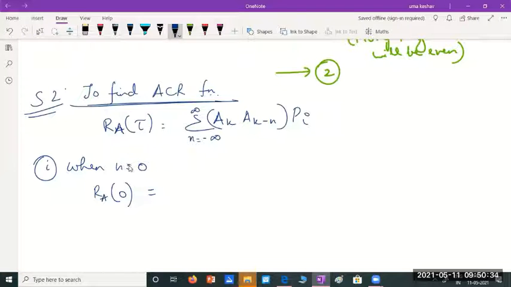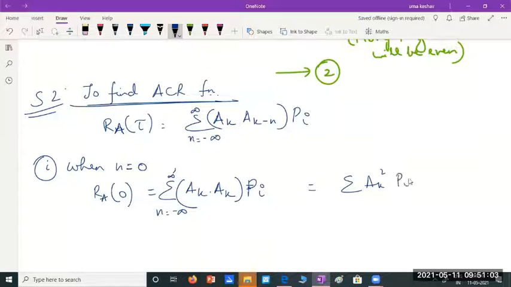What are the two possibilities you'll get? It will be AK into AK into the probability. So this is going to be summation AK square into Pi, for n equal to 0.